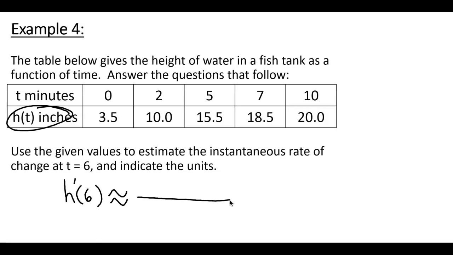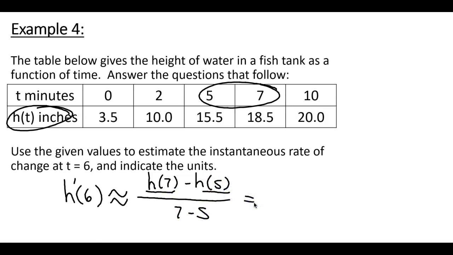Now, what? Yes, good job. So we want to pick the 2 time values that are closest to 6, and that would be these 2. So how much did the height change from t equals 7 to t equals 5? Well, let's see.